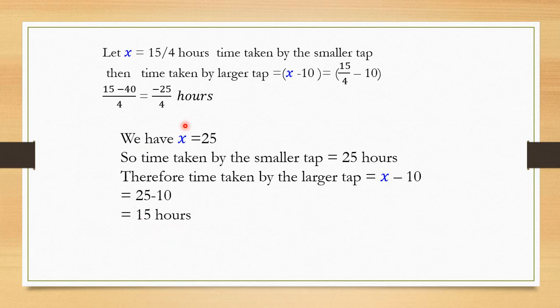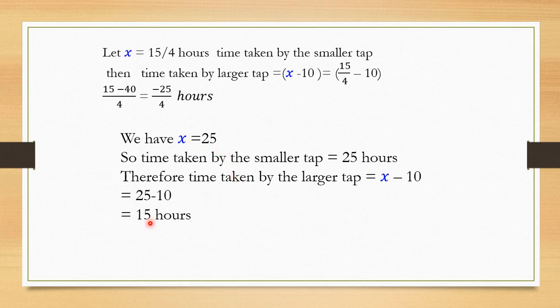So here the time taken by the smaller tap, first time, is 15 by 4. In this case we are getting the time taken by the larger diameter tap as negative. As we know that time cannot be negative, that means x is equals to 15 by 4 we cannot consider. So the time taken by the smaller tap to fill the tank separately is 25 hours.